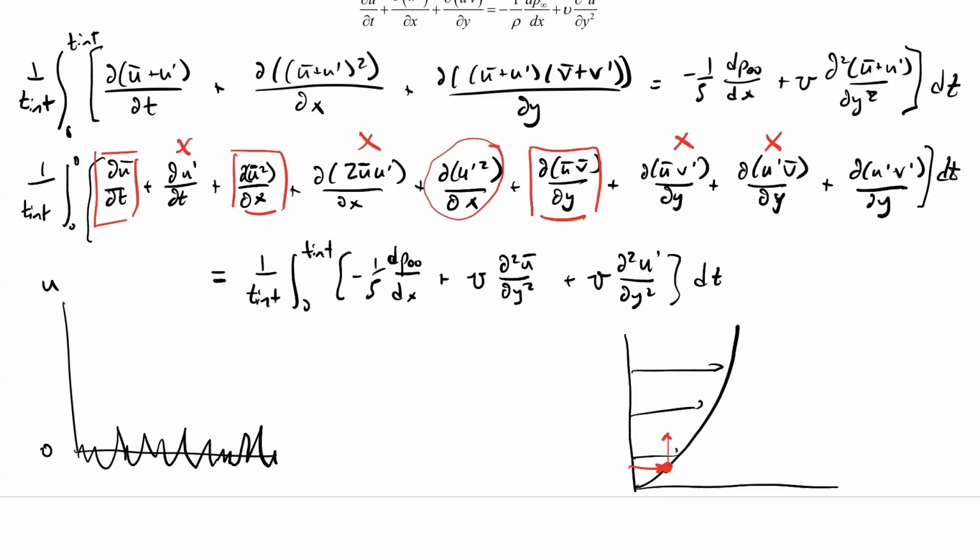What's going to happen to the u velocity in the adjacent fluid when that happens? It's going to slow down, because you're moving something slower vertically into a faster flow stream, and it causes it to slow down. So those are actually really strongly correlated out near the wall.